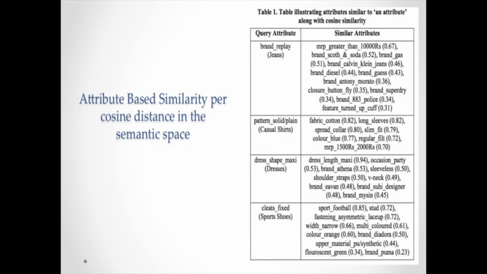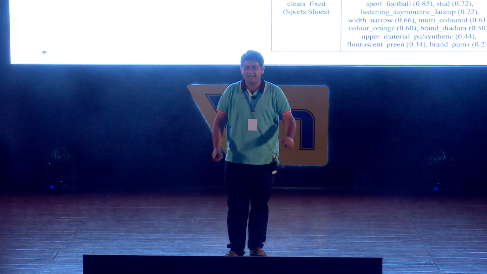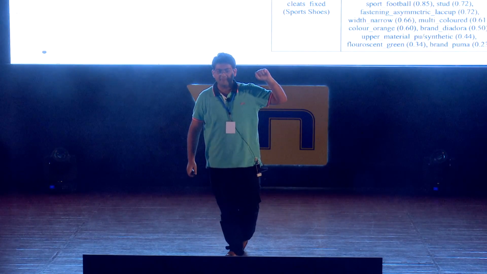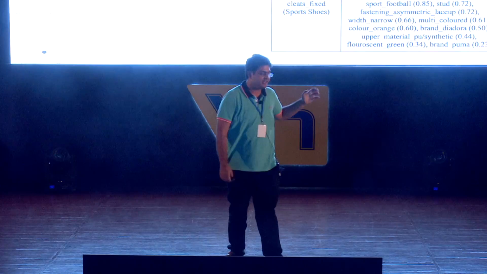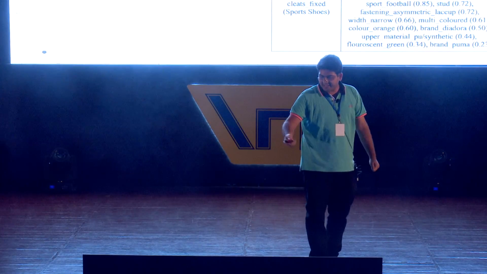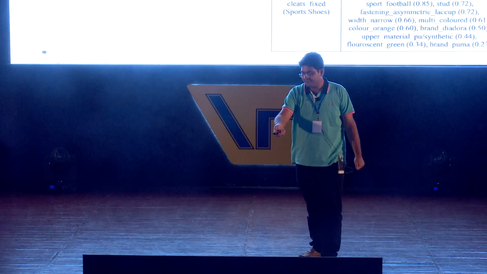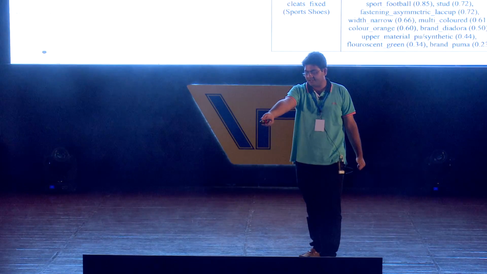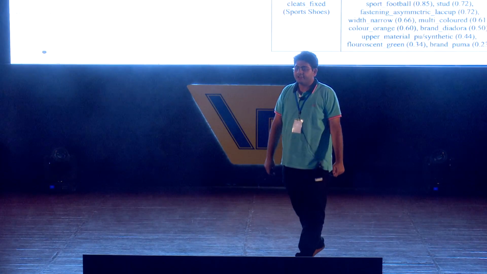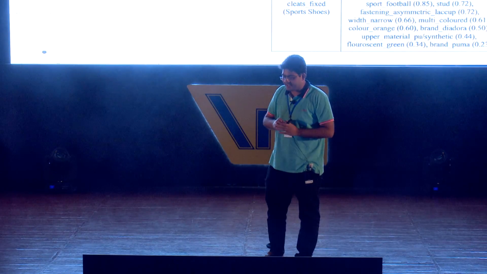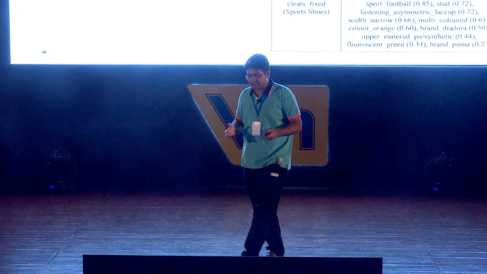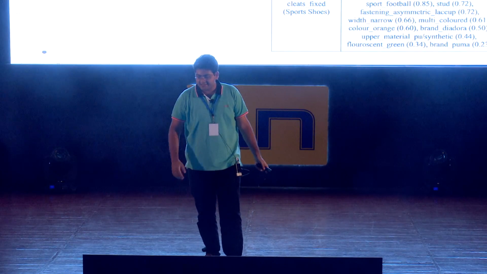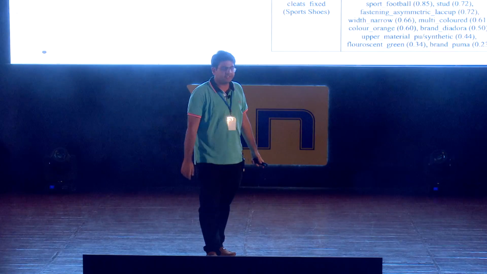So now I'll just discuss a few results, right? So, attribute-based similarity. I had all my attribute vectors now: brand Nike, cleated shoes, color green, and all that stuff. So for instance, if I take brand Replay, now if you see the closest attribute to it, I'm getting MRP greater than 10K, right? And some of the brands which are similar to it are Scotch and Soda, CK, Guess, Anthony Morato, and so on, right?